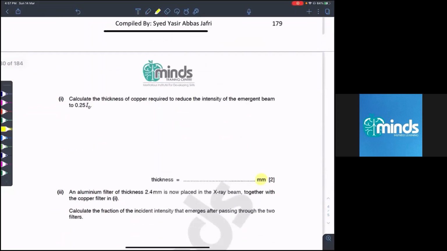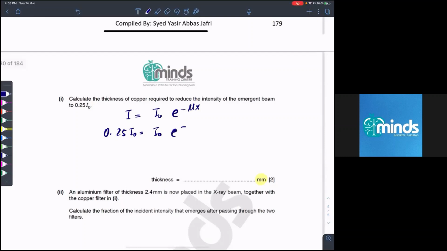If this is centimeter, your answer will be in millimeter, but you need to convert it into centimeter. Now, how will you do it? You will say I is equal to I naught e raised to minus mu x. Now, this I is actually 0.25 I naught because the question says calculate the thickness of copper required to reduce the intensity of the emergent beam to 0.25.